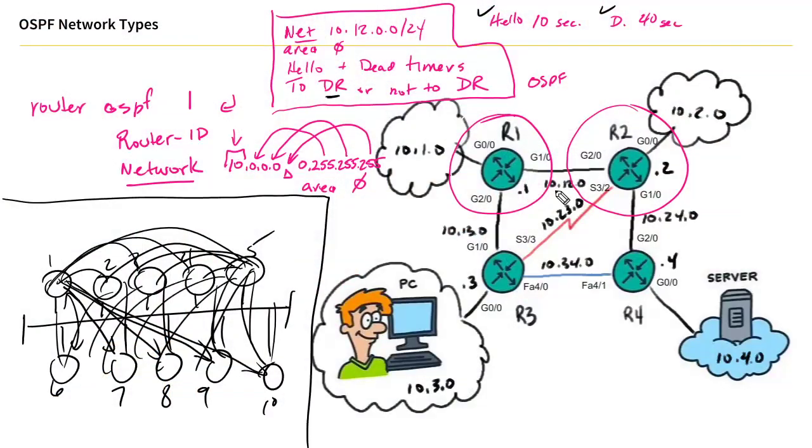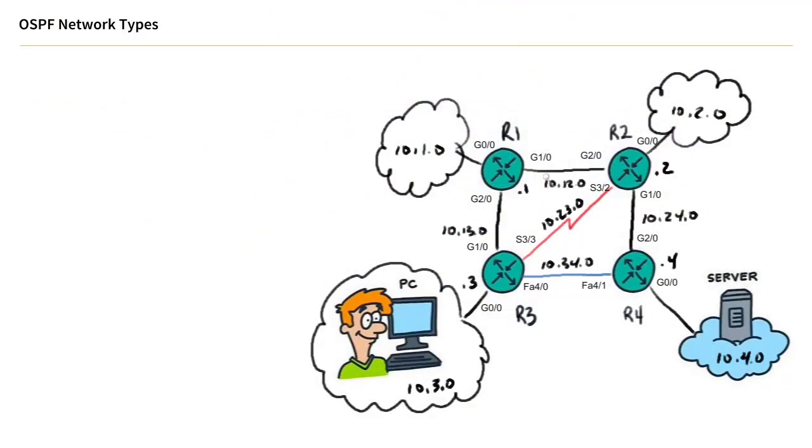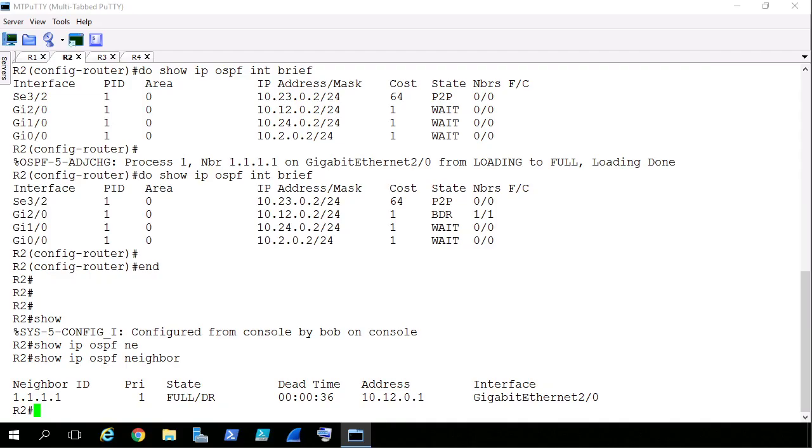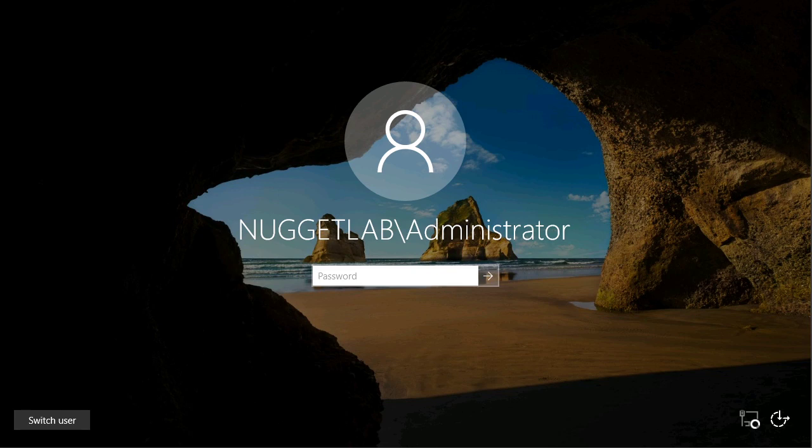So let's take a look at that now. Let me go back to the screen, hide that for a moment. Let's take a look at this interface right here, gig 2/0 on R2. That's the interface connecting from R2 over to R1. So we'll bring up the interface. I'll log back in.